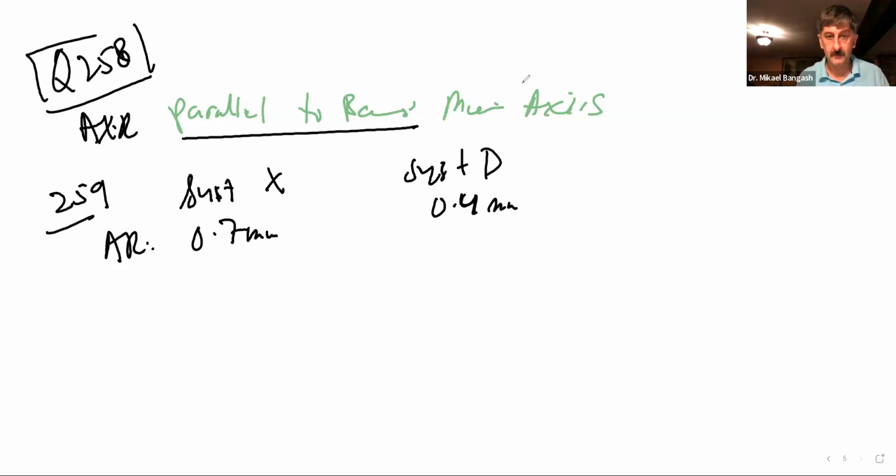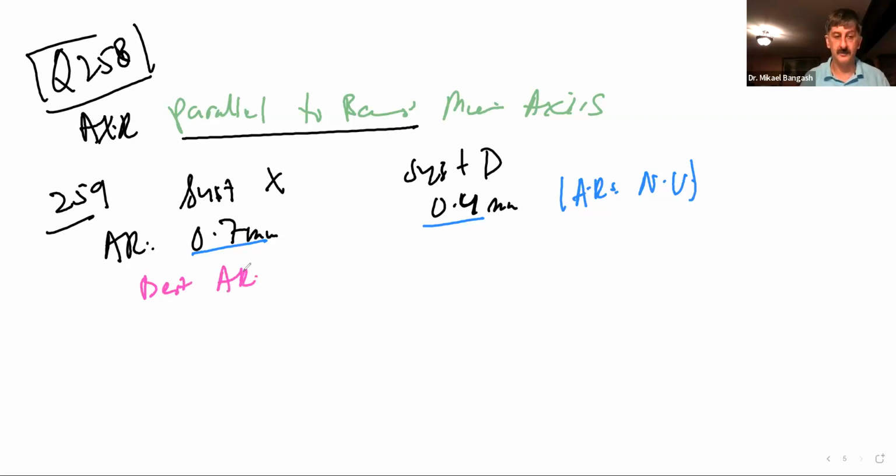Although not directly mentioned in the question, these values here are the axial resolutions, numerical values. Did that make sense? What they mainly ask us is which of these two will produce the best axial resolution.